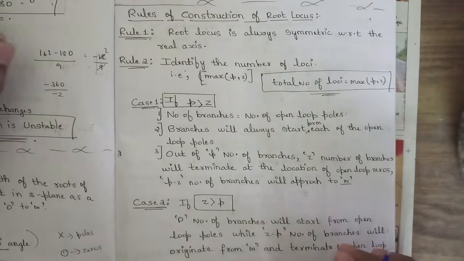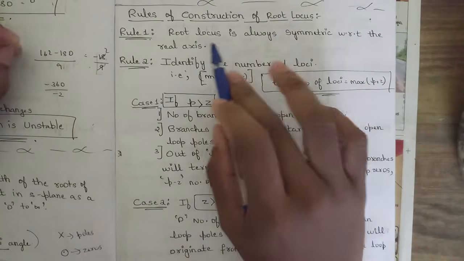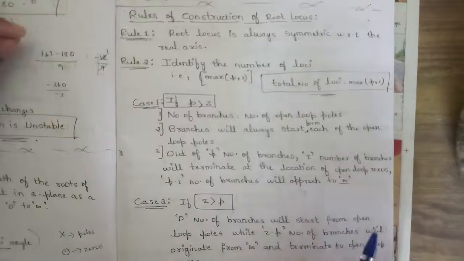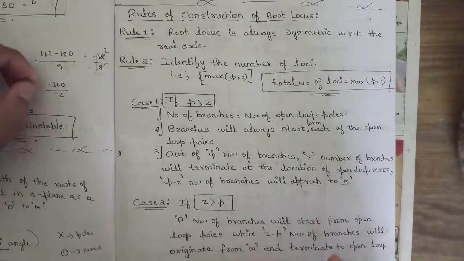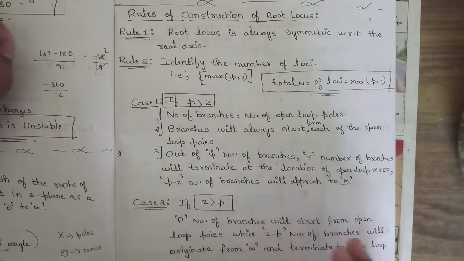Rule number 1 says that the root locus is always symmetric with respect to the real axis. That means the root locus always lies along the real axis, from minus infinity to plus infinity, and is tilted at certain angles, which we will see later. It is not symmetric to the imaginary axis.